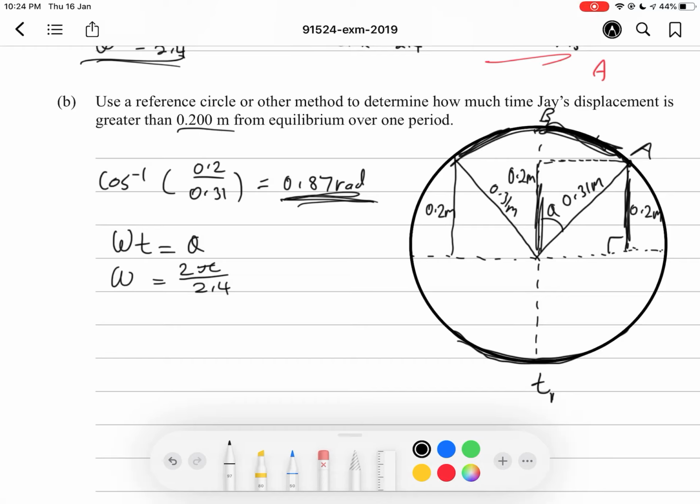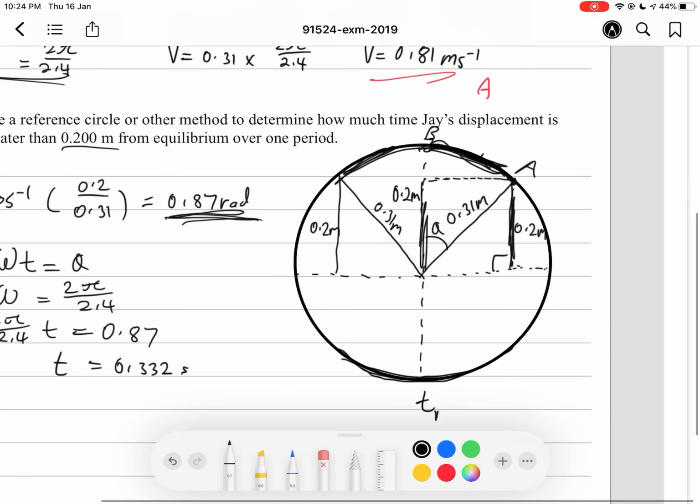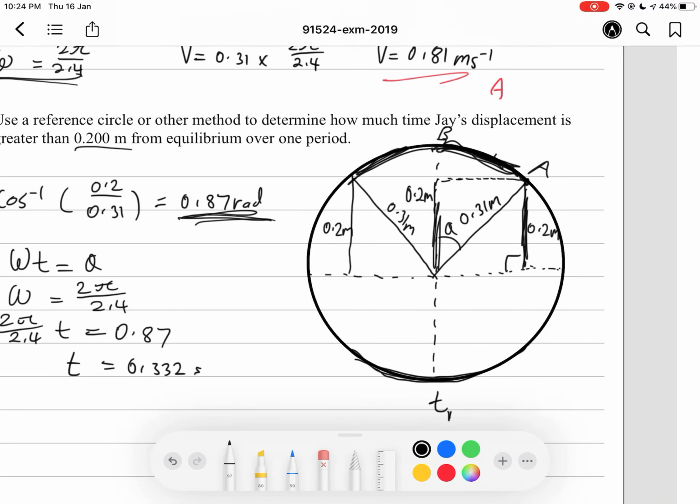So now we can substitute to find the time: 2 pi over 2.4 times the time is equal to 0.87 radians. So the time is 0.87 divided by (2 pi over 2.4), and that gives us 0.332 seconds. So from point A to point B, it will take 0.332 seconds.